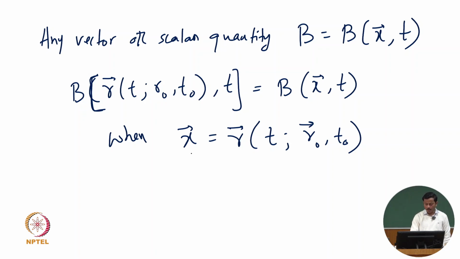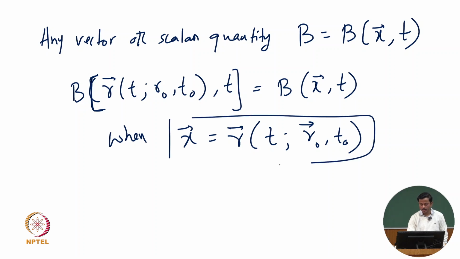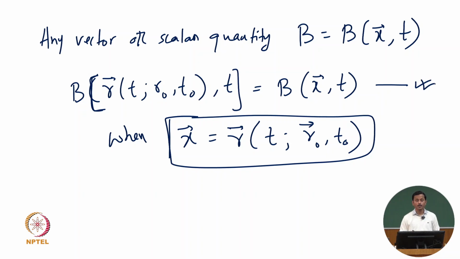Hence, at that location, given that you use the same coordinate system and you use the same clock to measure time in both the measurements, this should always hold. The quantity in the Eulerian technique should be equal to the quantity that is measured by the Lagrangian technique.